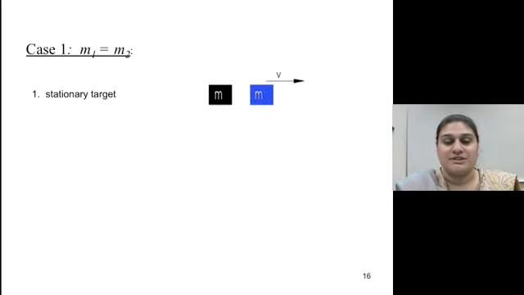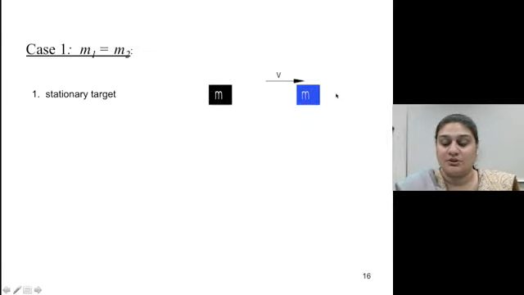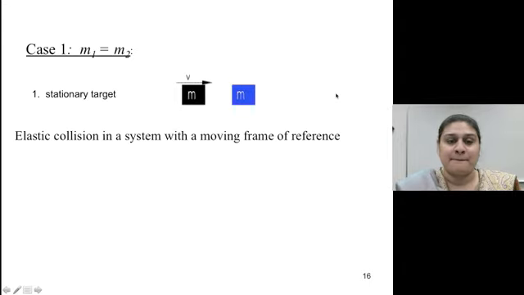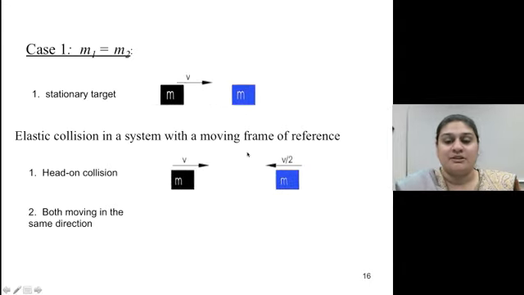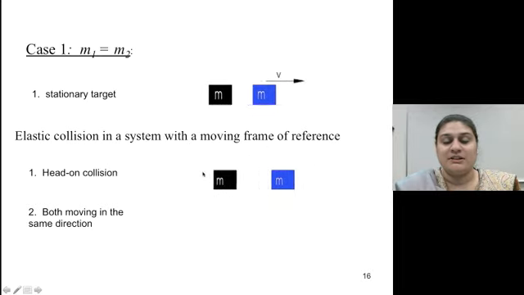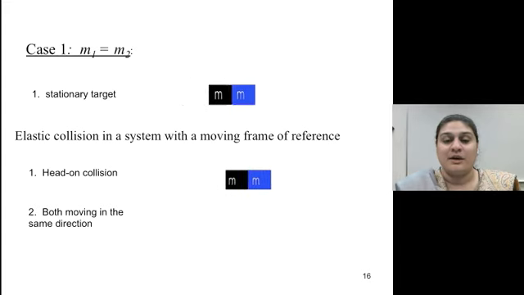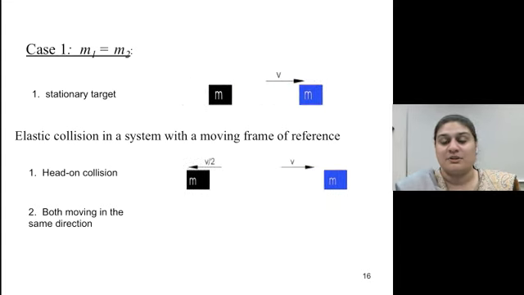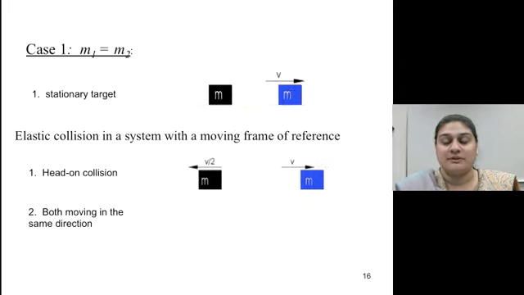You can see this in this animation. Note, m1 comes in with initial velocity v, and m2 goes away with the final velocity. For a head-on collision, one coming with velocity v and the other going with half the velocity, on their way out the first one will go away with v by 2, and the other one will go with velocity v.